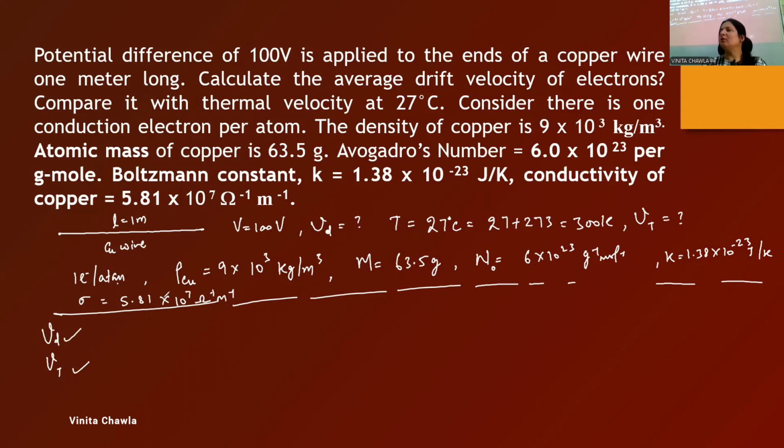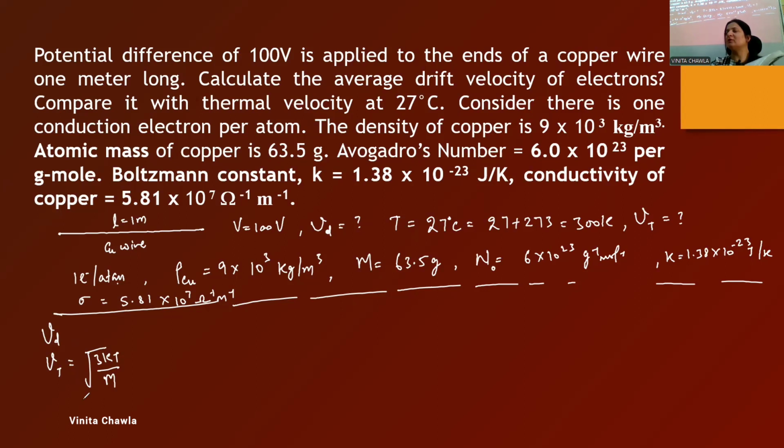So what is the formula of thermal velocity? It's under the root of, we had discussed in the previous class also. What is thermal velocity? Under the root of 3 kT by m, this is thermal velocity.